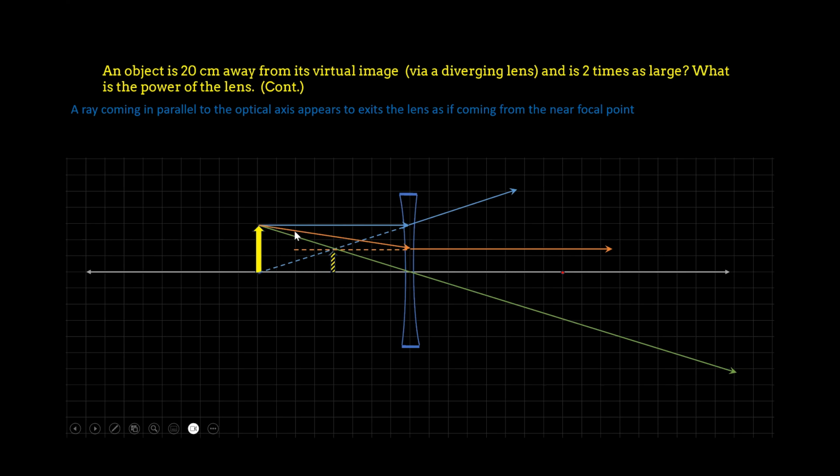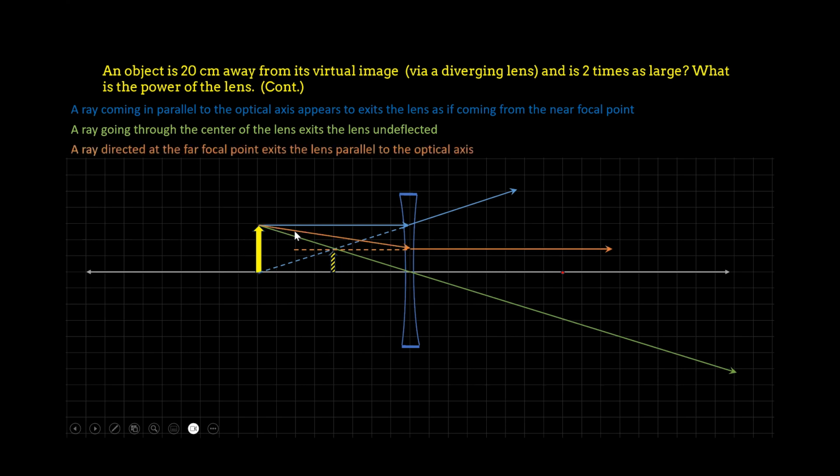A ray that is going through the center continues without bending. A ray coming in as if it's going to go through the far focal point hits the lens before it gets there, and goes out parallel. They all meet back, and the image is at the 20 centimeter mark.